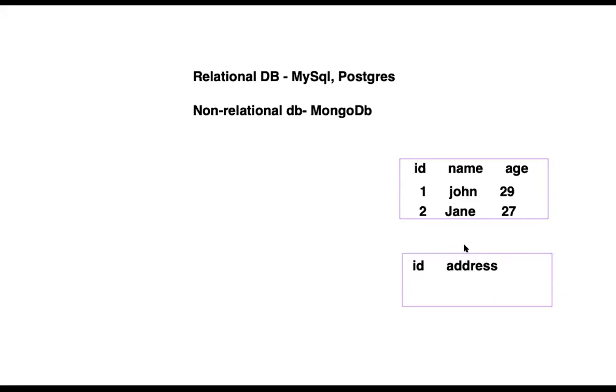Now, if we want to connect these two tables and get a detail of, I want to get the address of John. And what we have done is we have created this ID and connected this address over here. Let's say London. So how do we connect this? If I ask you a question that give me the address for John, how will you solve this?